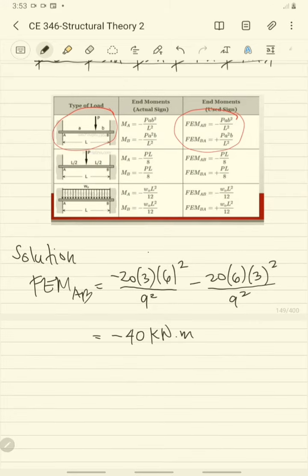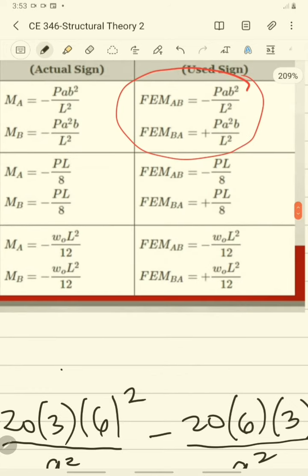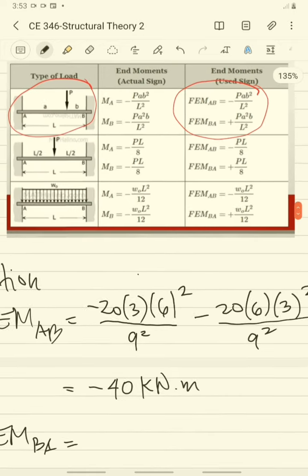For the fixed end moment of segment BA, we have this formula: positive a squared times b over L squared.